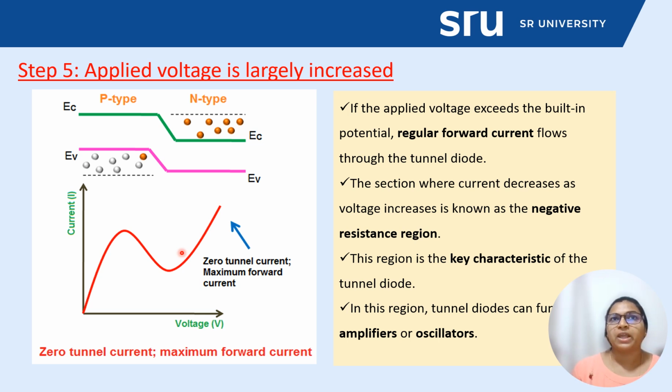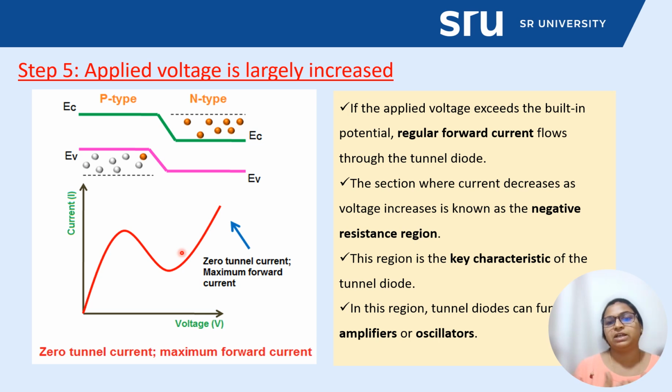is when the applied voltage is much greater than the built-in potential. Obviously, here the applied voltage is very high compared to the built-in potential, so the regular forward current will flow through the tunnel diode.